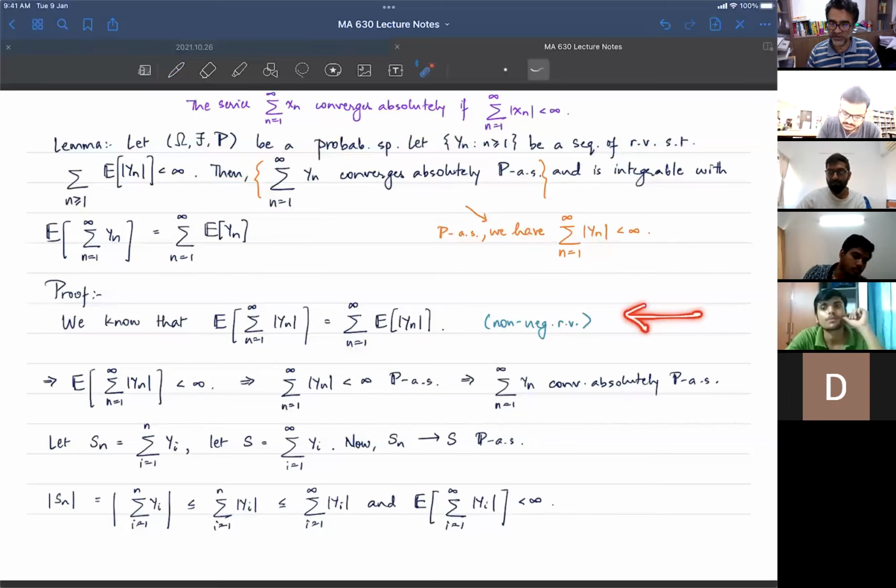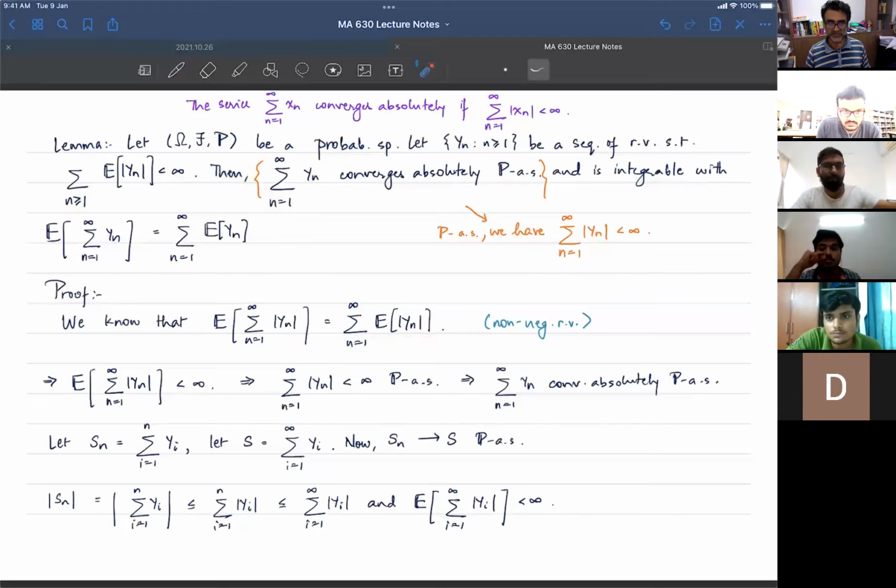So for non-negative random variables, the expectation of a sum is a sum of expectations. In this line, we're dealing with the absolute value of Yn, which is non-negative.